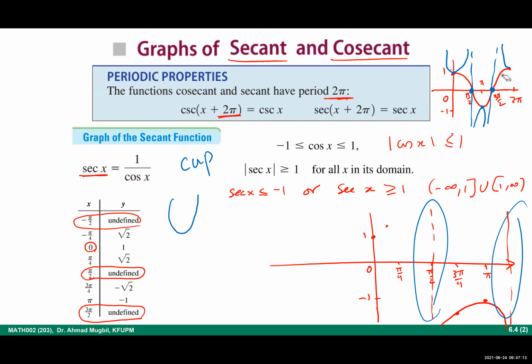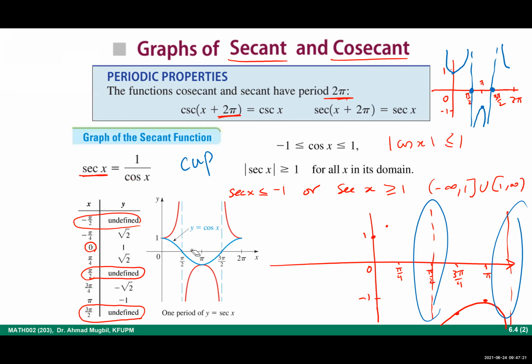Then say thank you to the graph of cosine, erase it, and you will have the graph of secant. That's it. So easy. So what you will do, you will start by sketching the graph of cosine. Then erase this graph, and what is remaining is the graph of secant. This is of course over one period.